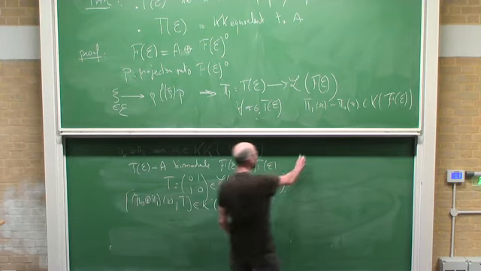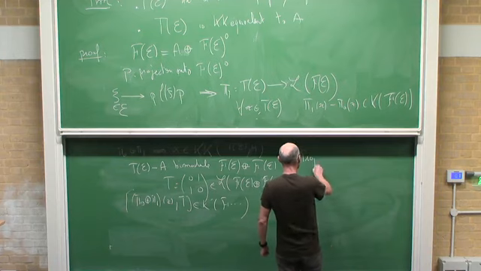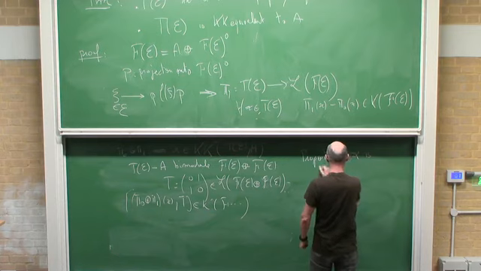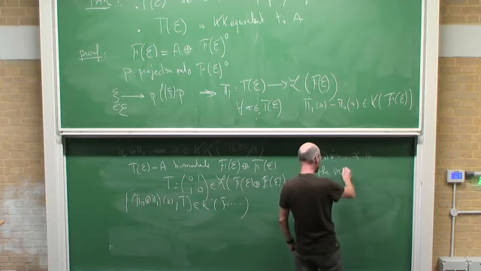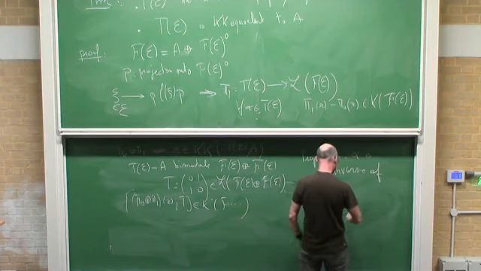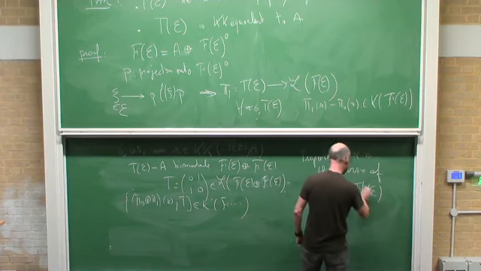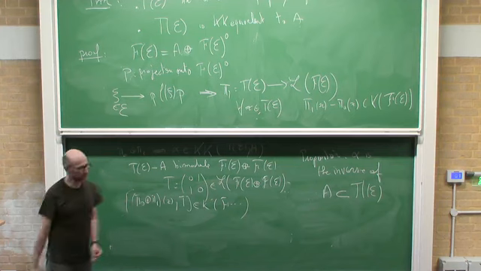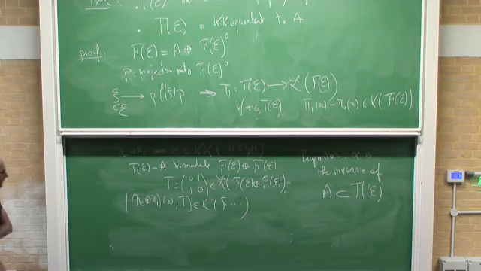So the theorem will be, now, a proposition: α is the inverse in KK-theory of the natural inclusion of A in T(E). And this exactly means that A and T(E) are KK-equivalent. Okay.